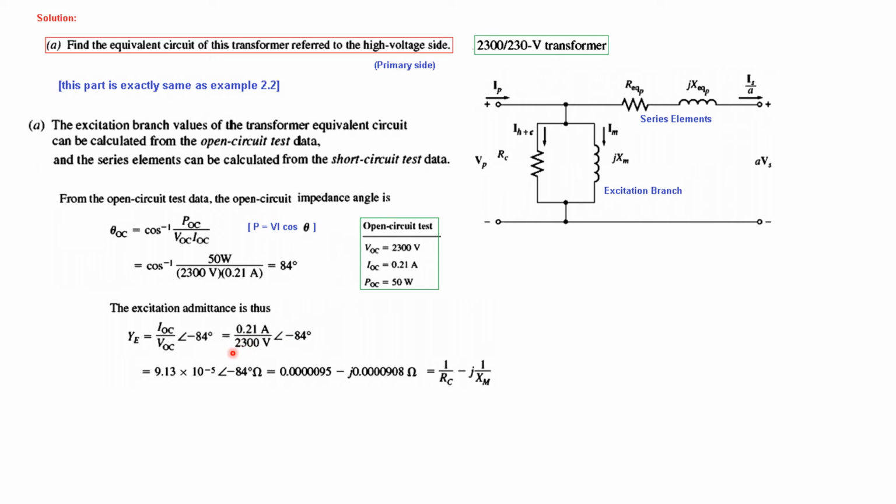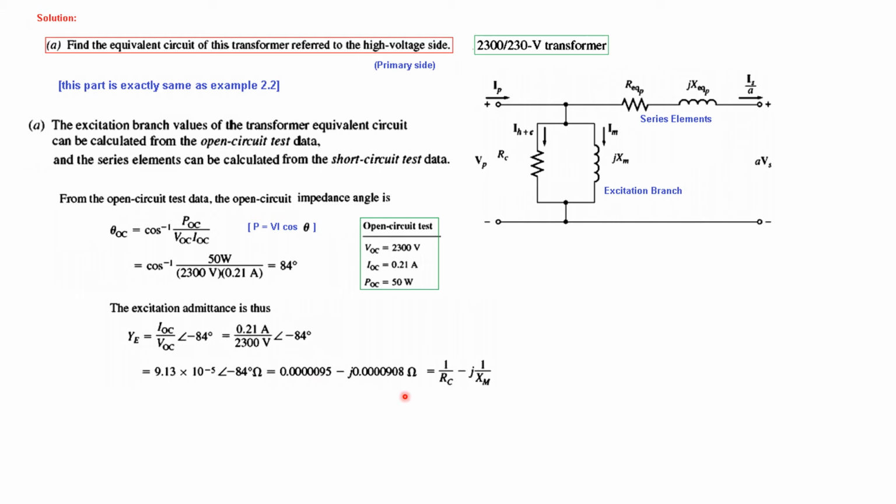So this is Y, and now if we transform this into polar and rectangular coordinates, we get this answer, which is equal to 1 over RC because they are in parallel, and this is the admittance parameters, minus 1 over j XM.